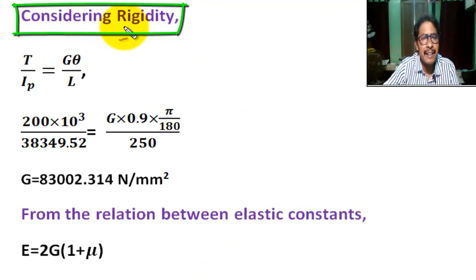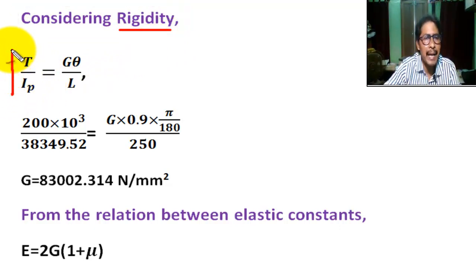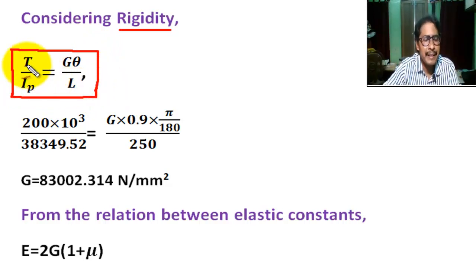Now, considering rigidity, consideration of angle of twist, formula is T by IP equal to G theta by L. T torque transmitted by steel bar, IP polar moment of inertia of the steel bar, G means modulus of rigidity.